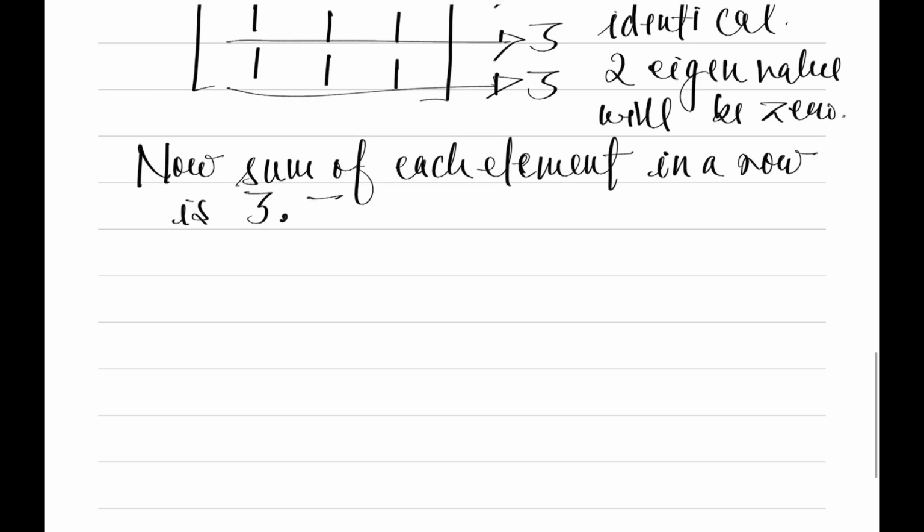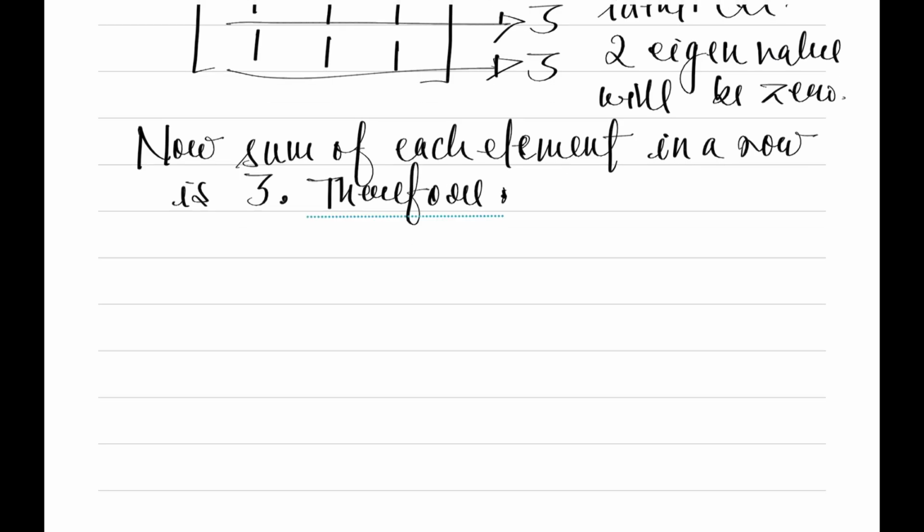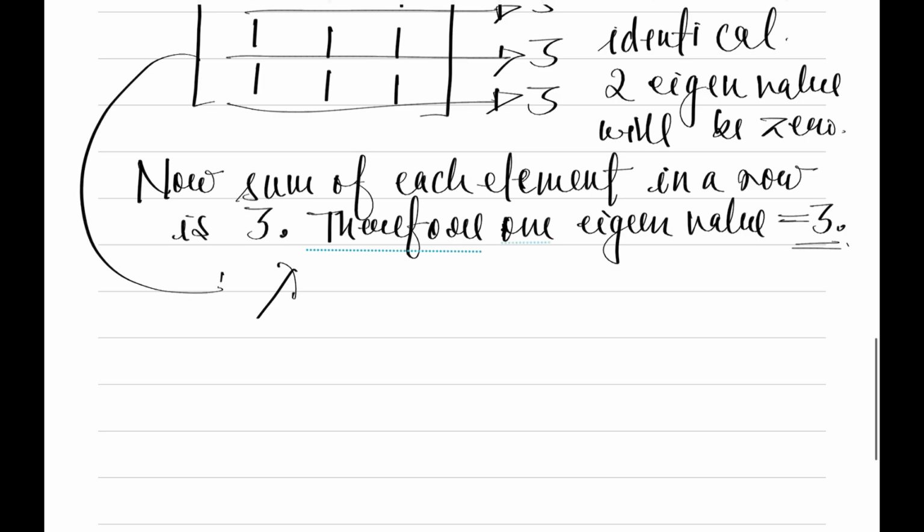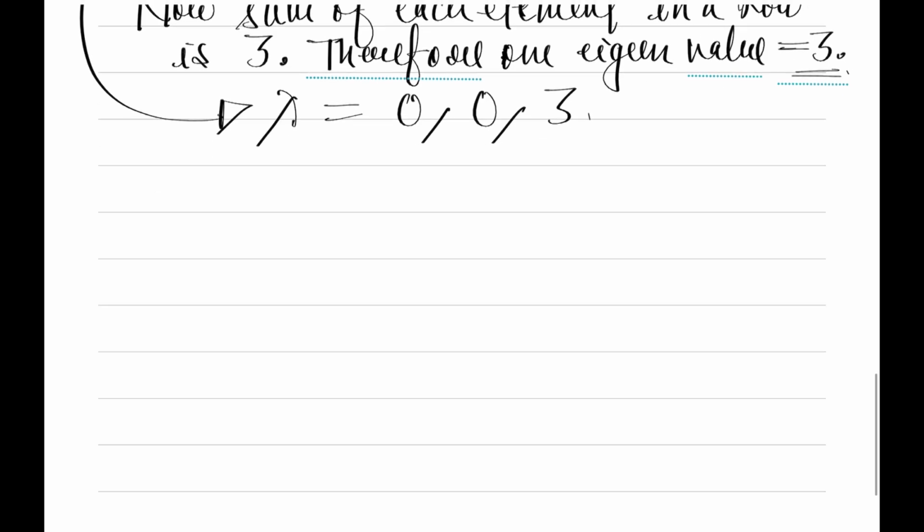Therefore one eigenvalue is equal to 3. So the eigenvalues for this matrix will be 0, 0 and 3.